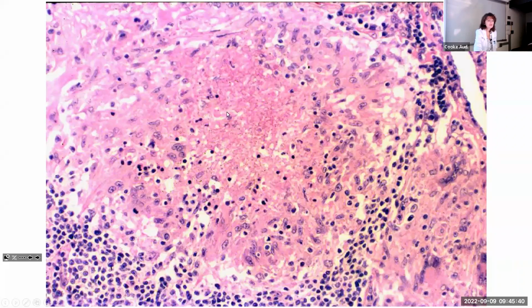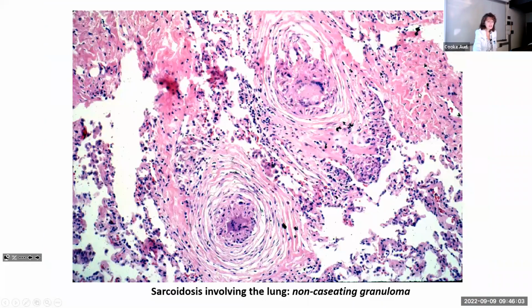Here's the close-up. I hope you can appreciate the central area, which is amorphous. I cannot see any cellular outline. So this is the area of necrosis. Around it, I see these activated macrophages, plump, a lot of cytoplasm, and around them, I see this rim of lymphocytes.